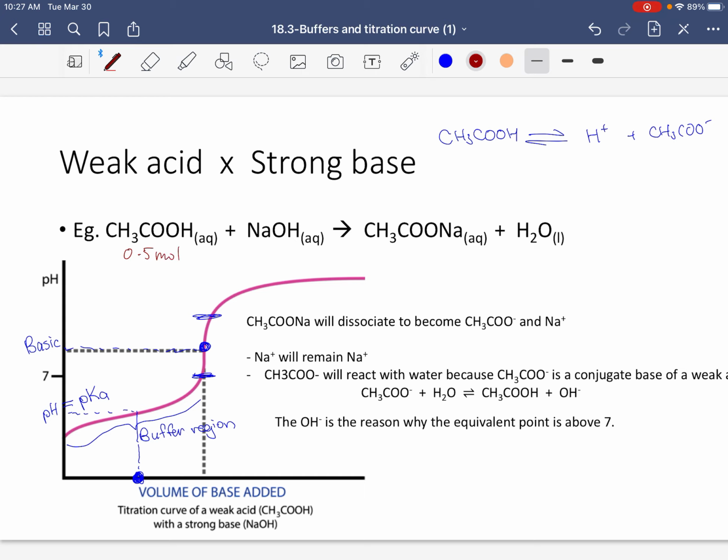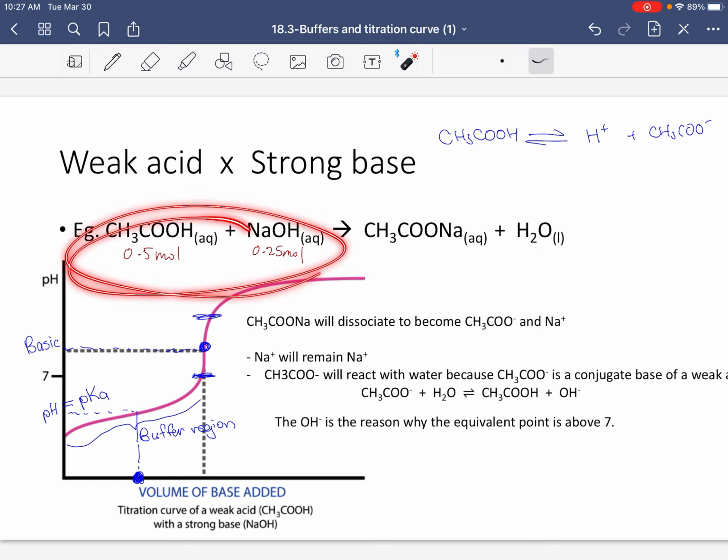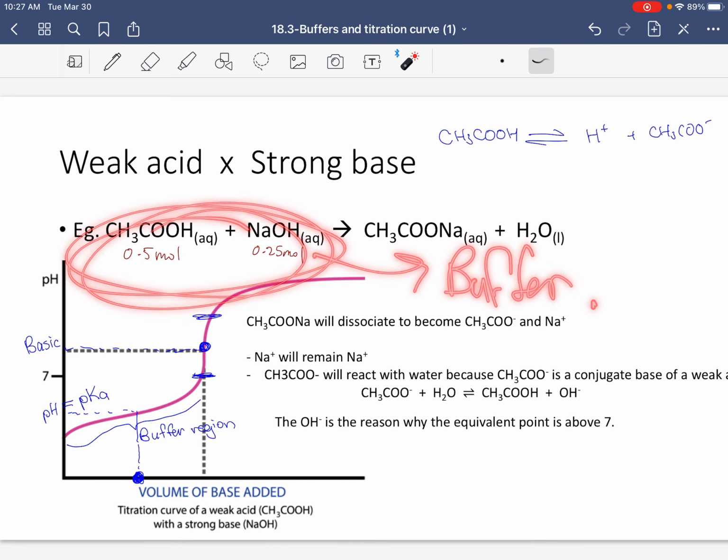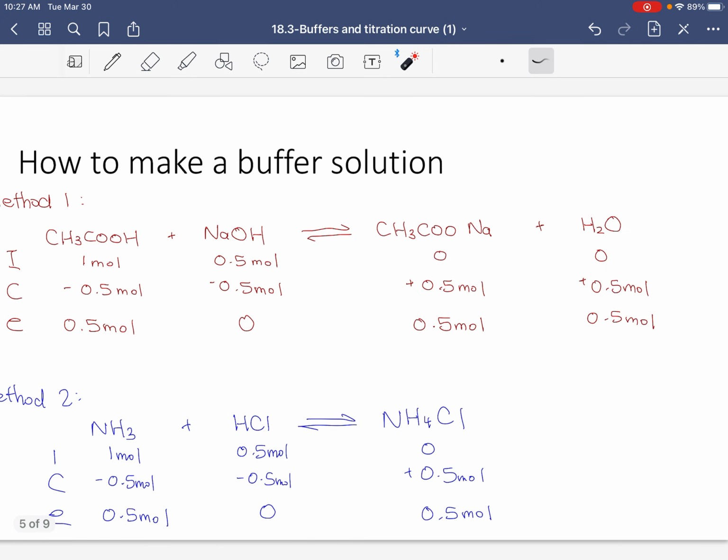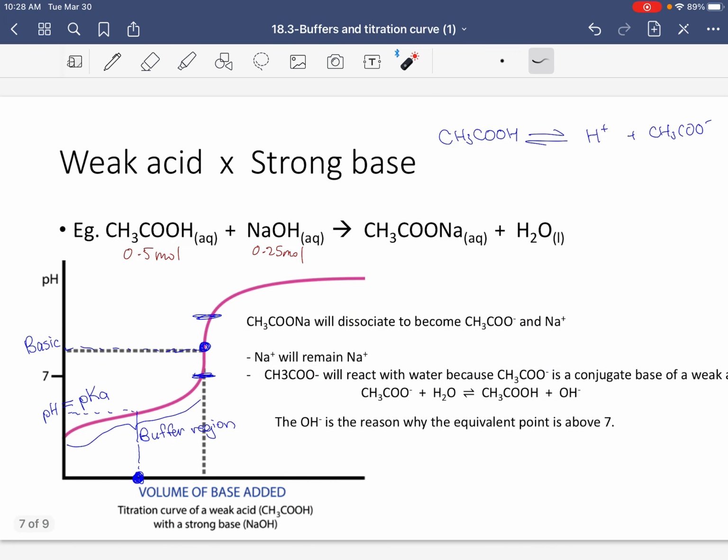At half the equivalent point, you would have added 0.25 mole of this. Wouldn't this combination make up a terrific buffer? Because that's what we did last time. We started with 1 mole of this, and we added half a mole of that. We end up at equilibrium in this situation, which is a buffer situation. So a lot can be learned about this curve. This is a very important curve.